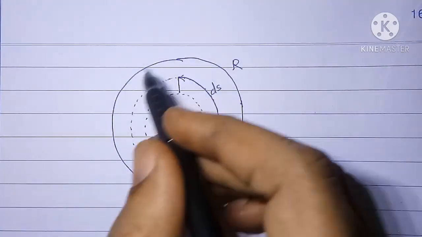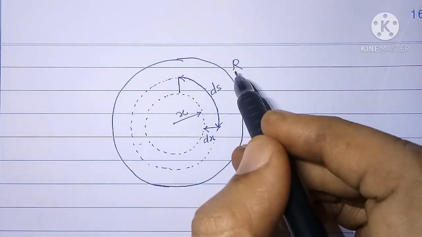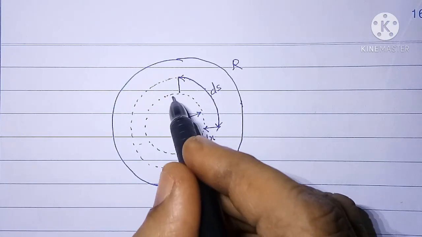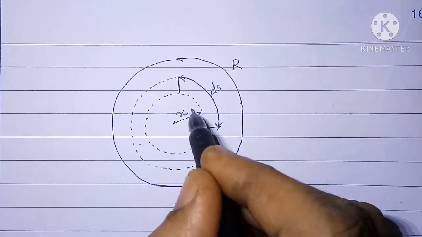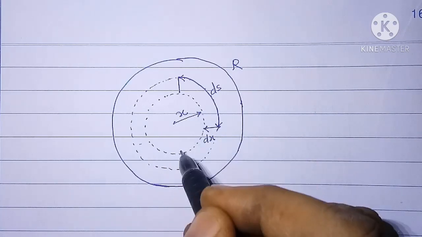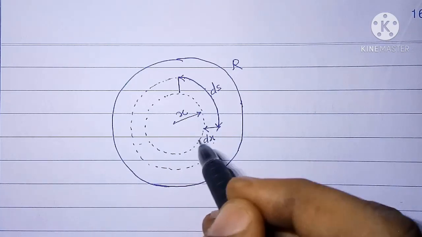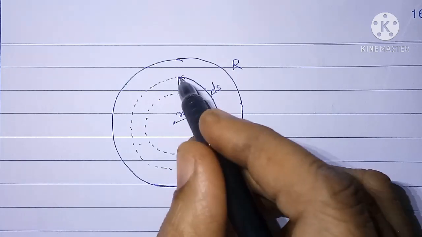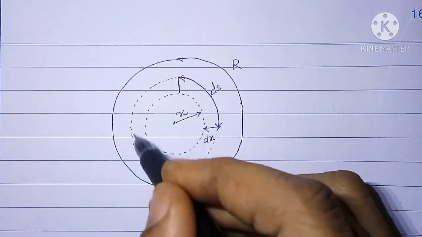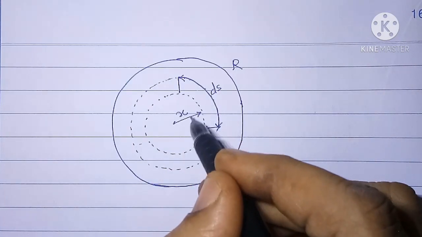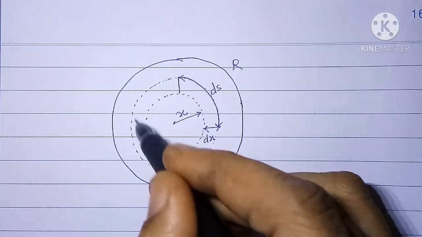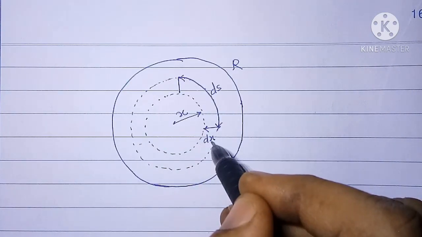So now here is the conductor of radius R. Inside that we have considered a ring of radius X, and then another ring outside the ring of radius X, whose radius is X plus dx.